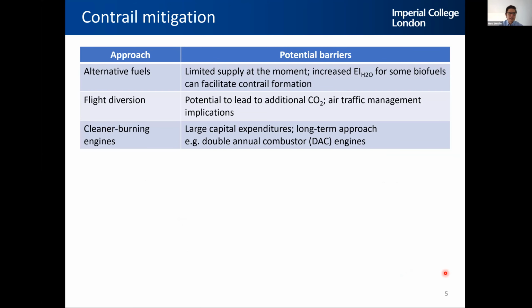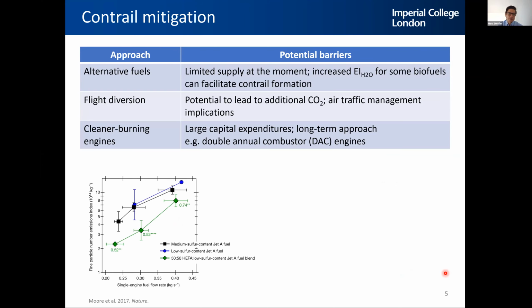In terms of contrail mitigation, people have thought about alternative fuels, which have been shown to reduce the number of particles emitted by engines. This can be somewhat offset by an increase for some biofuels of the water vapor emissions index. People have also considered flight diversions, but you want to be really careful about diverting around areas of the atmosphere where contrails would form, because that could lead to additional CO2.